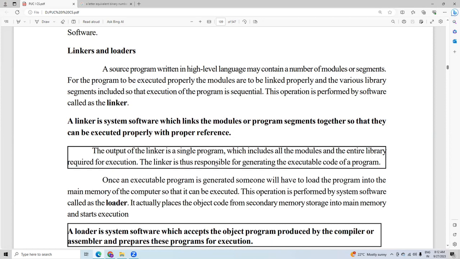This operation is performed by software called the linker. Linking modules means linking different units of the program which do different operations. They all have to be linked properly. That will be done by the linker.